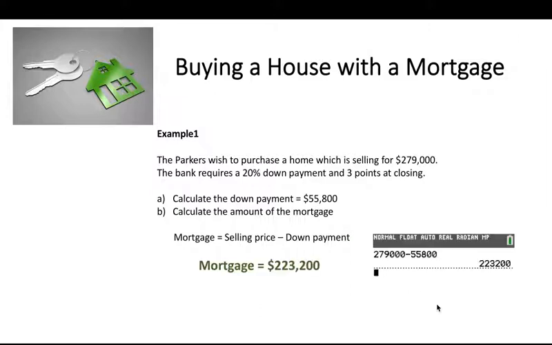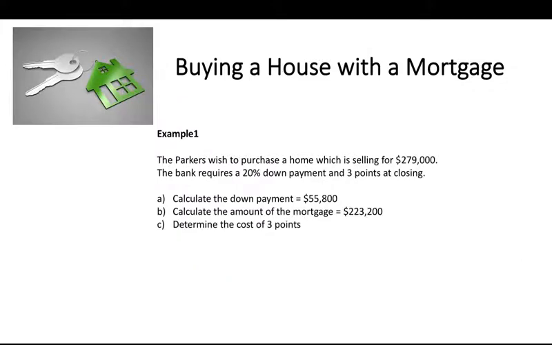So the amount of the mortgage is $223,200. That's the amount of their loan. It's called a mortgage when that loan is taken out to purchase a house. So the amount of the mortgage is $223,200.